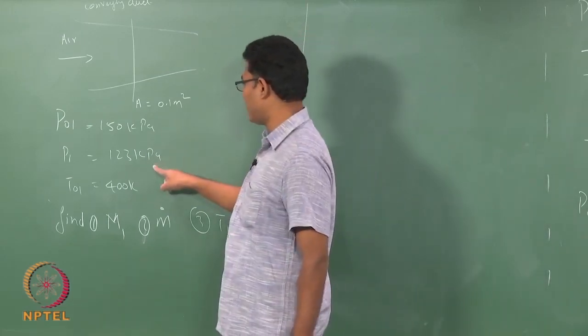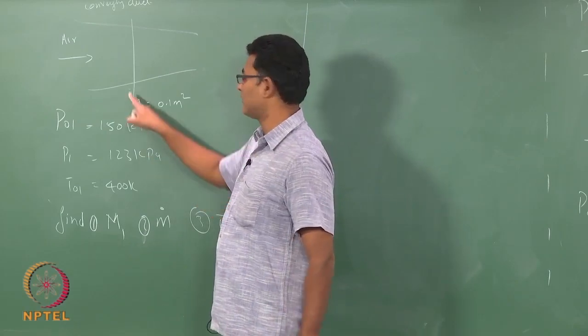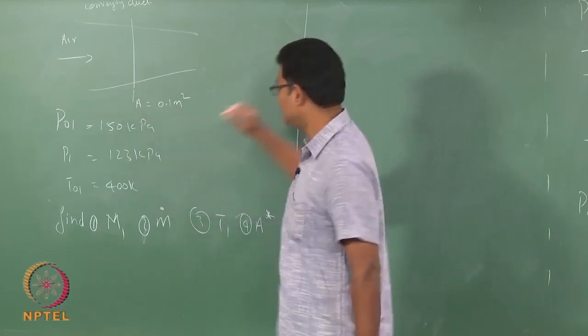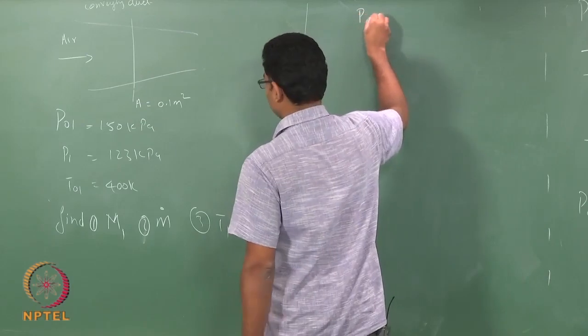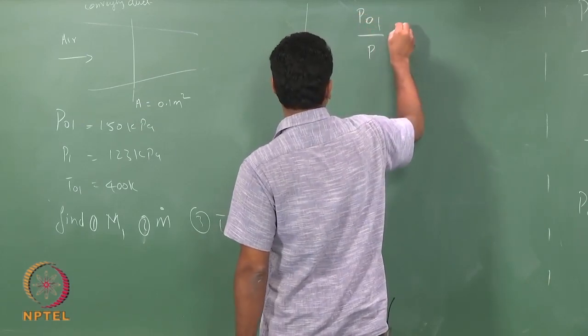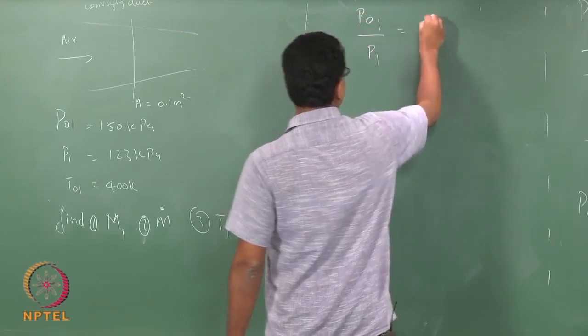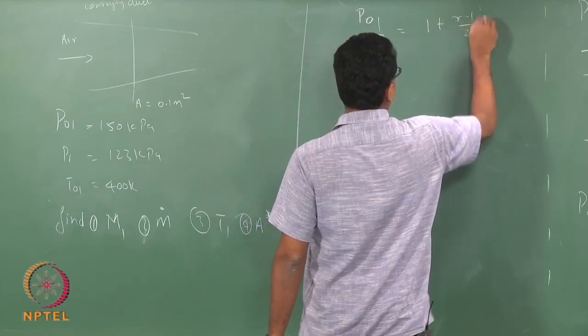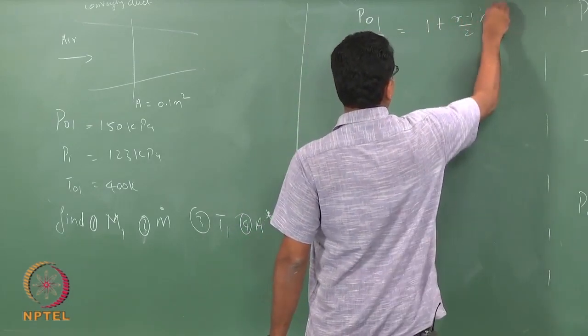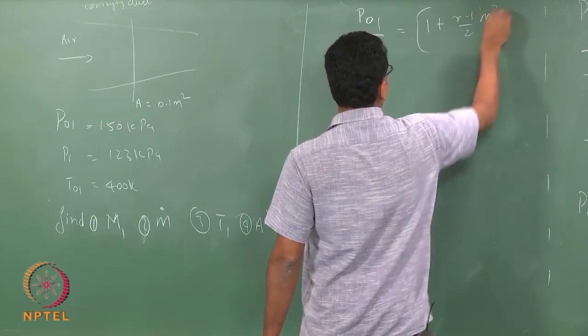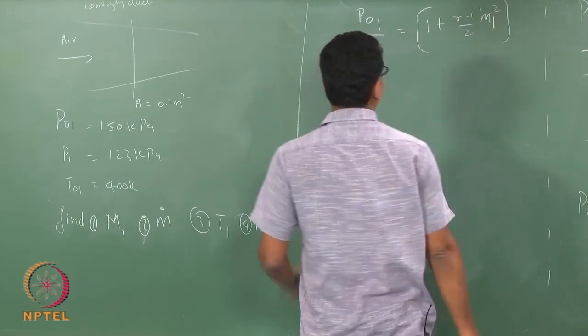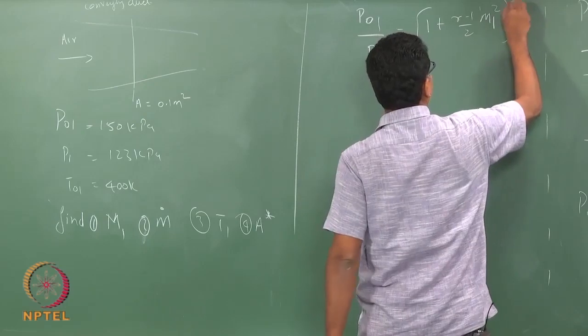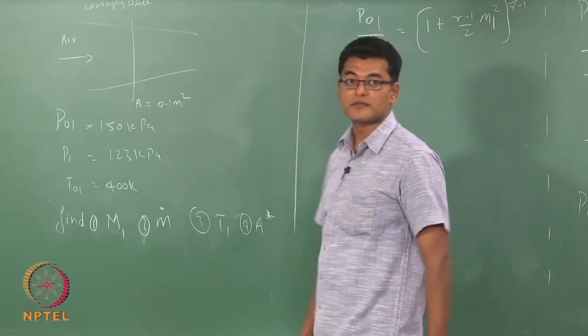P01 and P1 are given, you are required to find the Mach number, which is a straightforward substitution of this particular relation, which is 1 plus gamma minus 1 by 2 M1 square, multiplied to the power gamma by gamma minus 1.